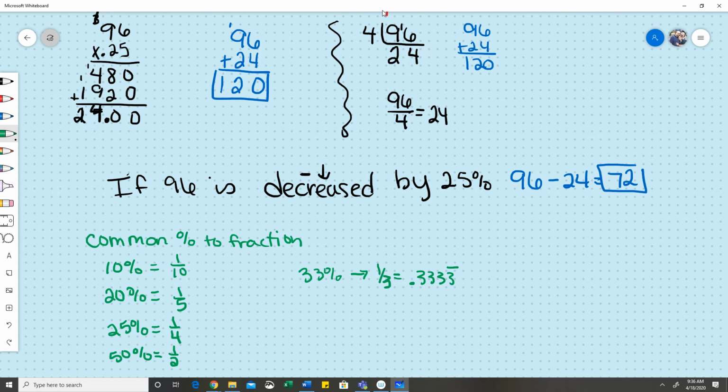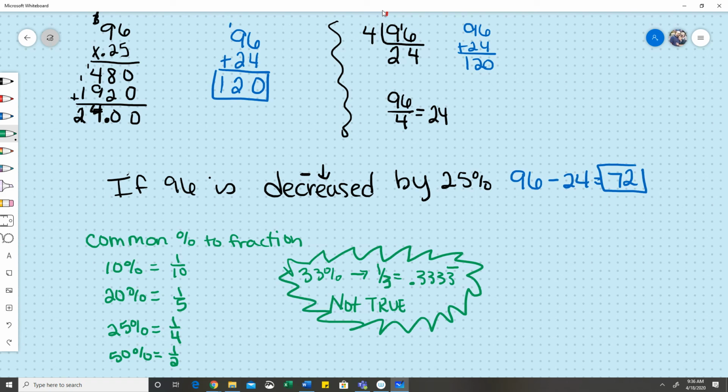It's not an exact value. It's a repeating decimal. So this is actually not true. Okay. In this case, if you get a 33% as something that you're trying to multiply by, you're just going to have to multiply by 0.33. Okay. It's not equivalent to 1/3.